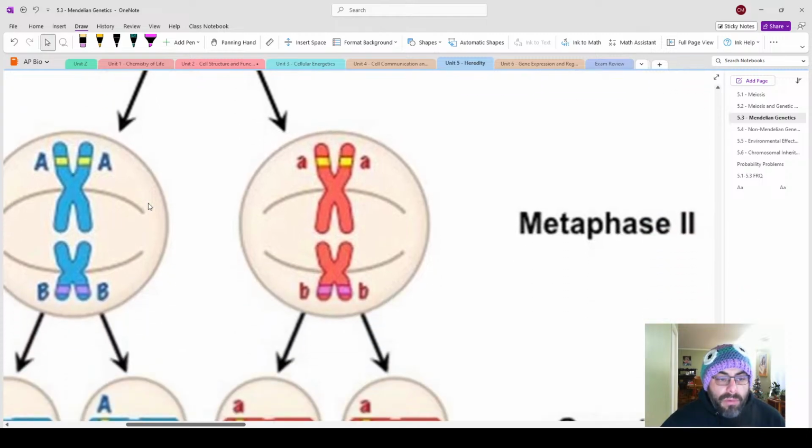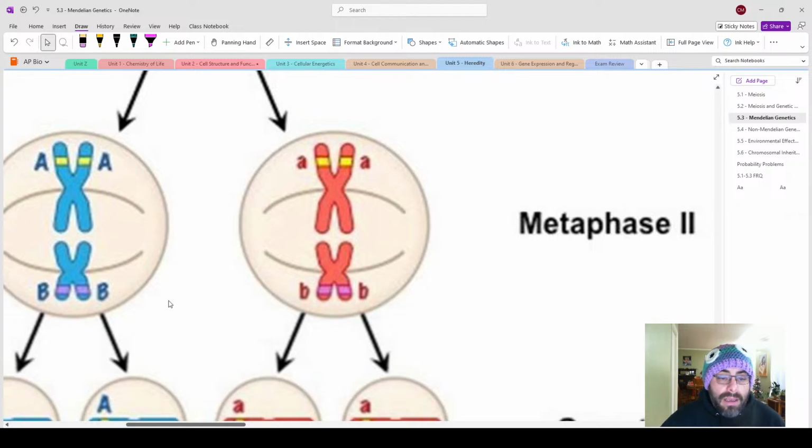Homologous pairs separate from one another, right? And big A went over here, little a went over here. Where does big B go? Big B could go with big A, which it did in this particular picture, or it could go with little a. Why is that?